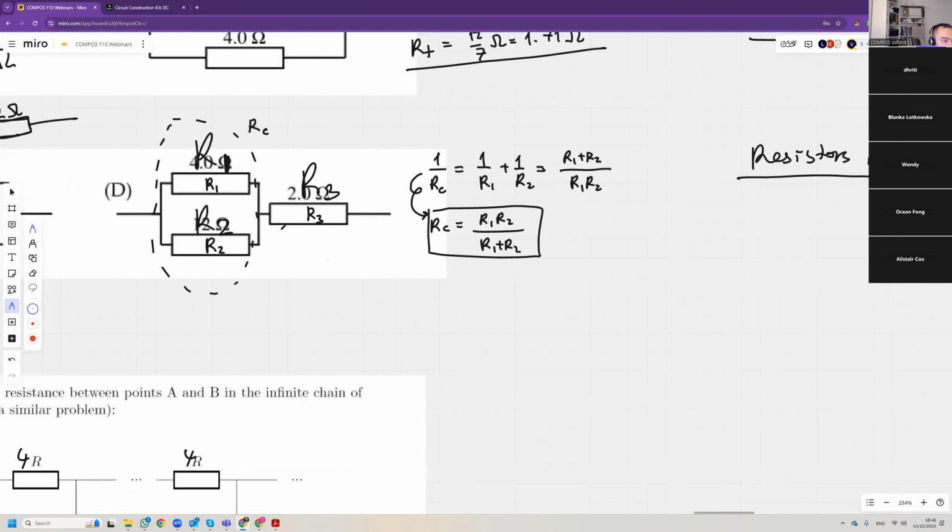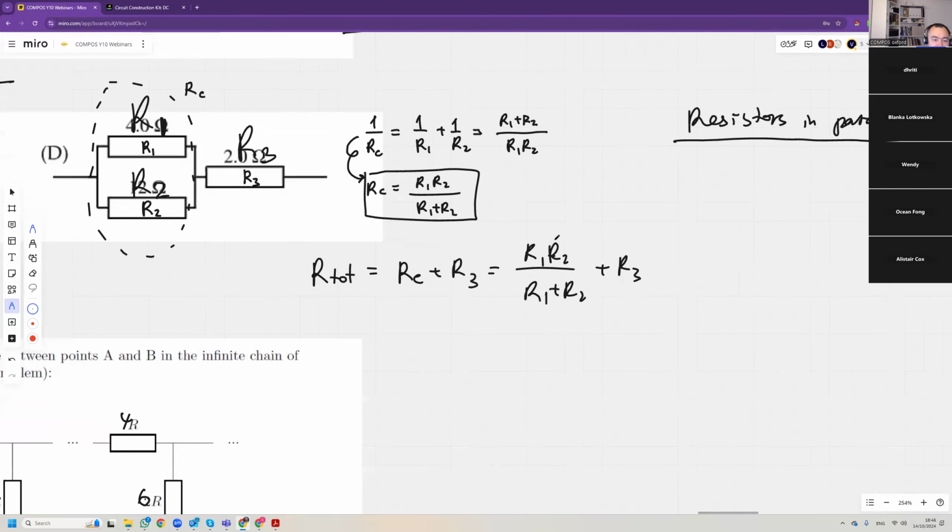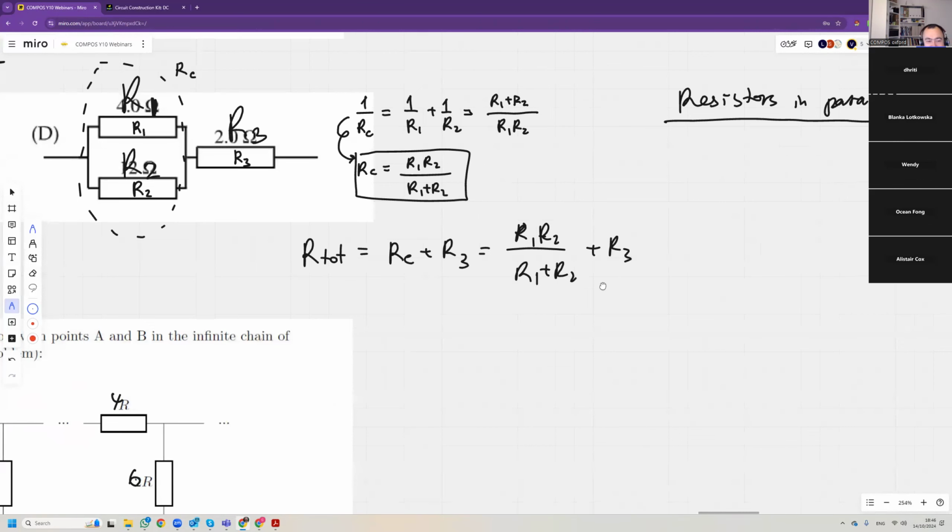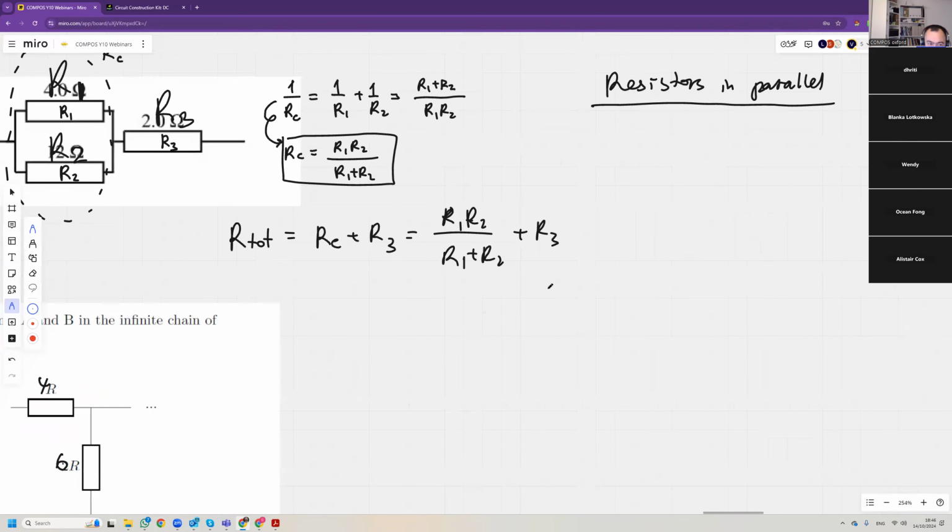And now we have the R3 combination. So R total is going to be RC plus R3, which is R1R2 over (R1 plus R2) plus R3. I would never consider actually simplifying this into a single fraction, but this can be done.